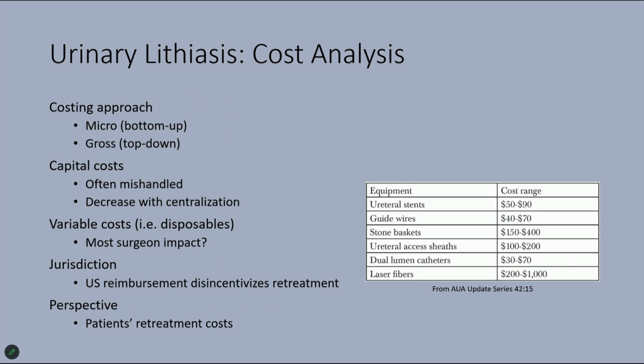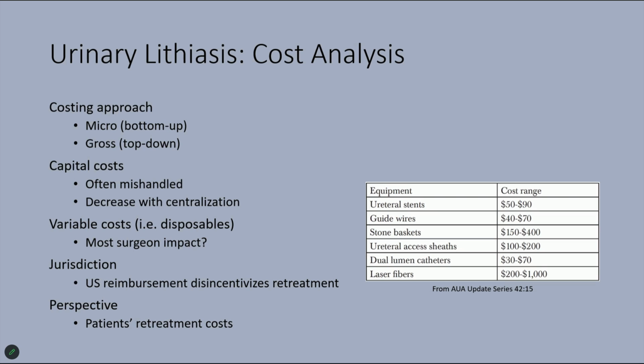A couple considerations to take into account for these cost differences. They could be attributable to the costing approach. In general, bottom-up approaches are considered more precise, but then there could be additional costs missed by using the NHS references. An important consideration with surgical technology is the handling of capital costs.